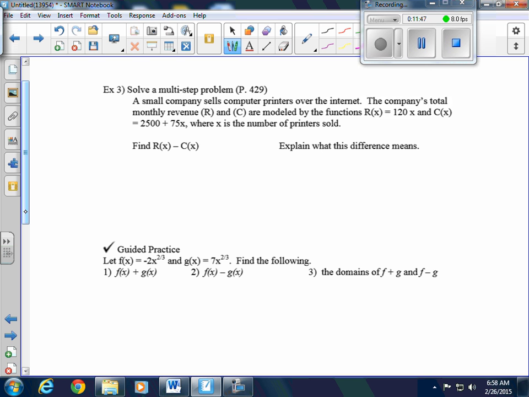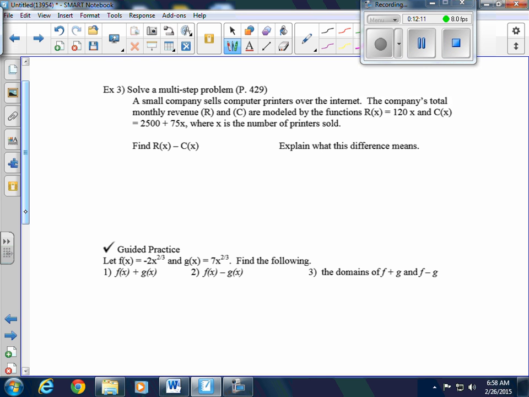All right, so looking at example 3, we're going to solve a problem. It says a small company sells computer printers over the internet. The company's monthly revenue R and cost C are modeled by the functions R of x is 120x and C of x is 2,500 plus 75x, where x is the number of printers sold.